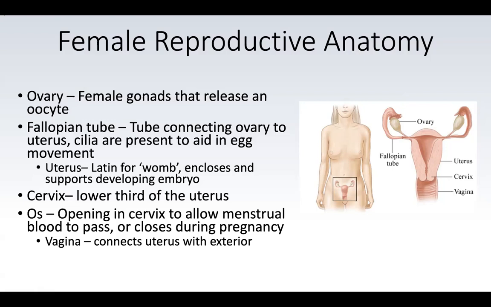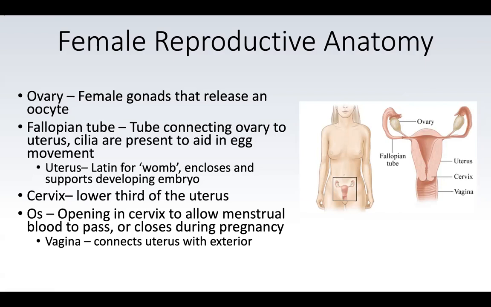The most inferior aspect of the uterus is the cervix right here. There is a central opening called the os. This opening of the cervix is what will allow menstrual fluid to pass because you're shedding the innermost lining of the uterus because there is no pregnancy to support. That ideally happens every 28 days.